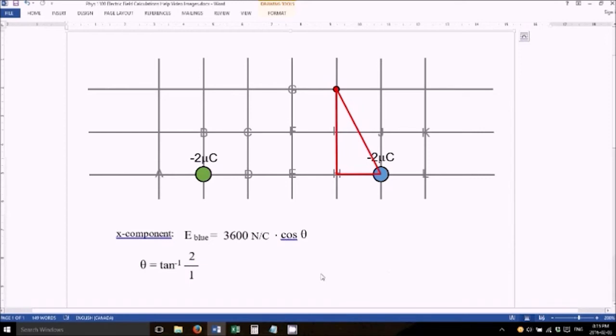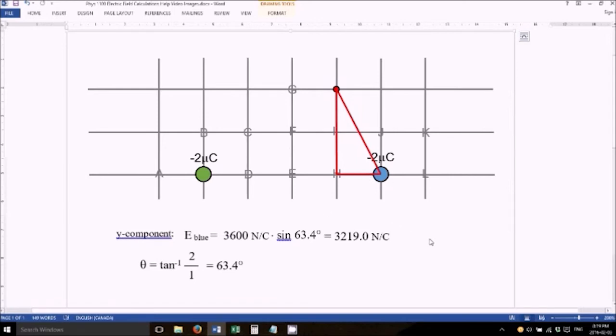The inverse tangent of 2 over 1 gives us 63.4, and substituting that in here gives us, for the x component, 1,611.9 newtons per coulomb. We then calculate our y component. So 3,600 times the sine of 63.4 gives us 3,219 newtons per coulomb. So now we've got both the x and y components of the electric field due to this blue charge also.